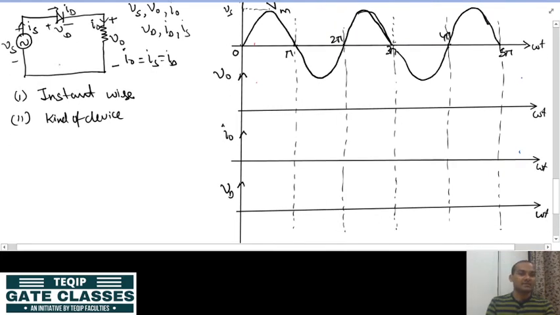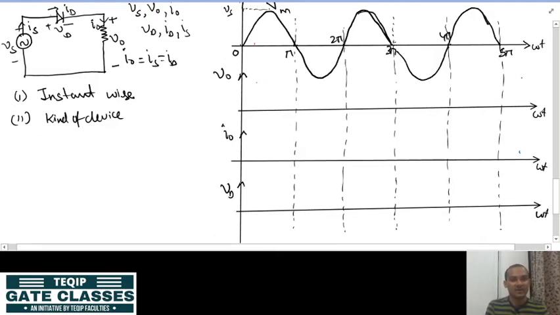So, second is what kind of device we are using, that is a diode, and now you have to know its property. A diode is a device which, when forward biased, immediately turns on, and when reverse biased, immediately turns off. Diodes do not wait for any gate signal, because they do not have to. So, we have to know the ideal characteristics of that device.